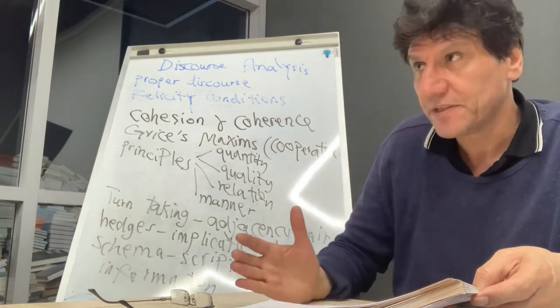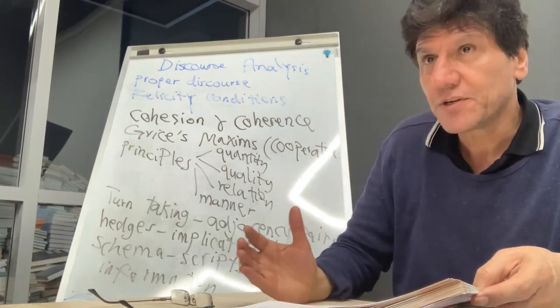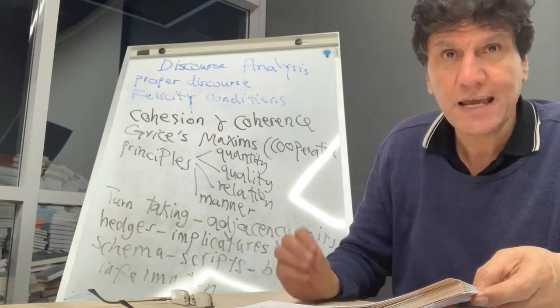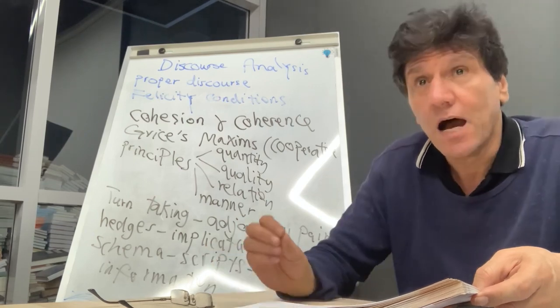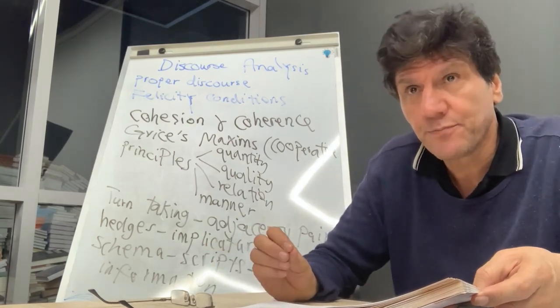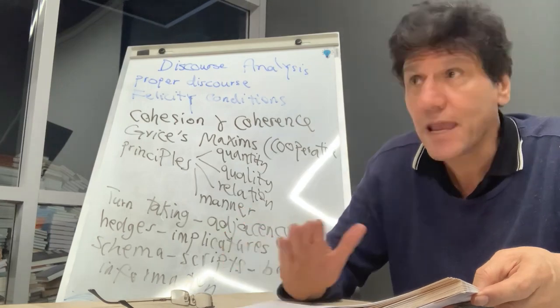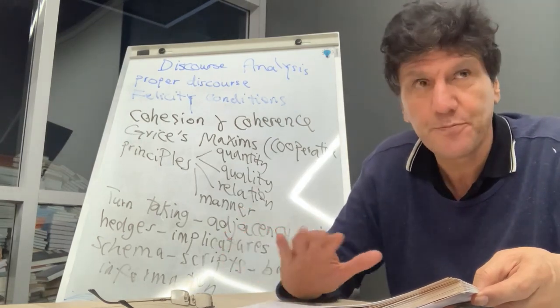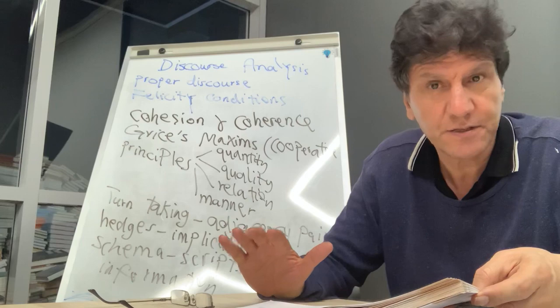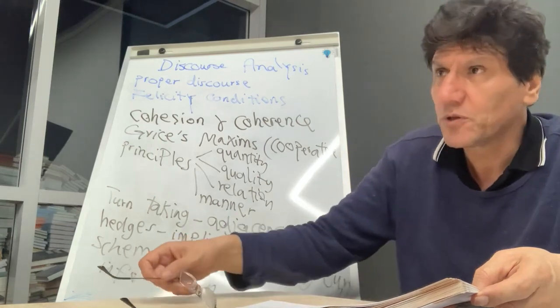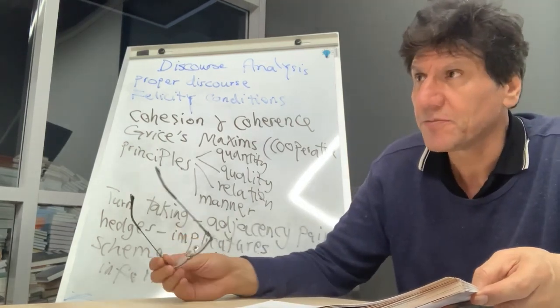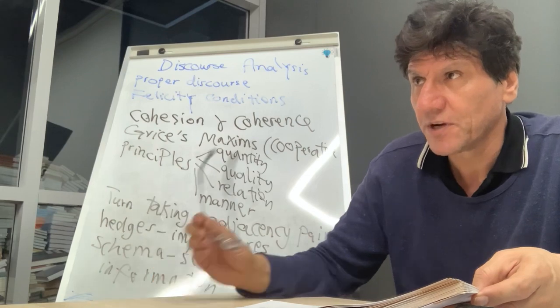You use hedges. So hedges create proper discourse. Hedges create politeness. A proper discourse is a polite discourse. Impolite discourse is improper discourse. Is it true? So in order to be polite, you need to use some terms and expressions that create hedges.